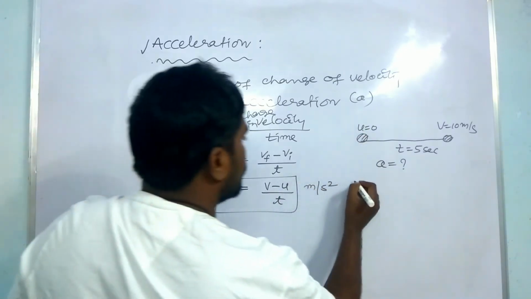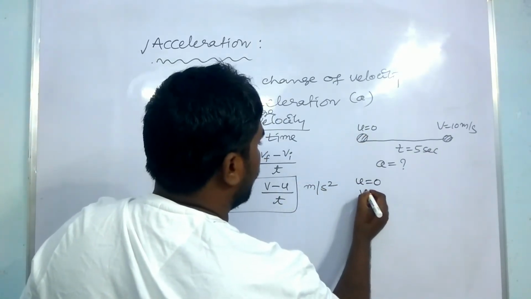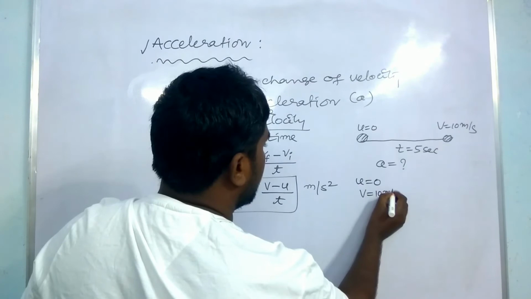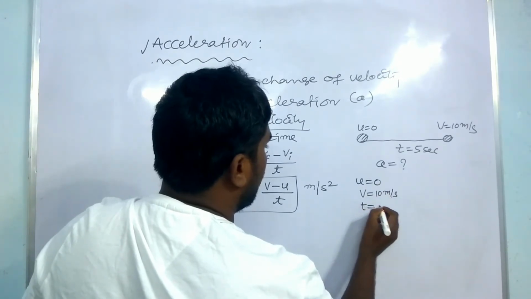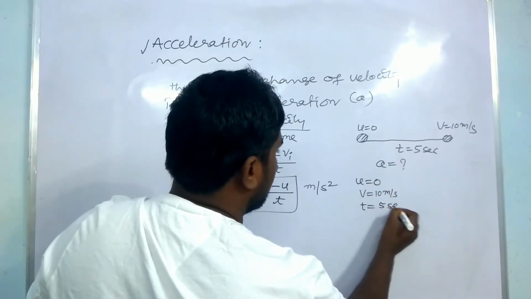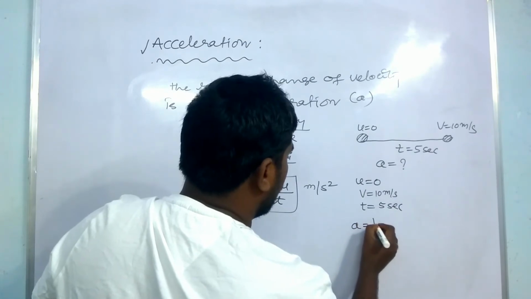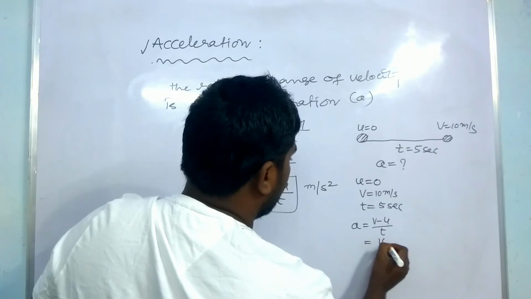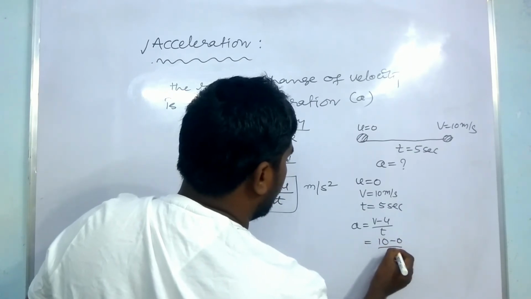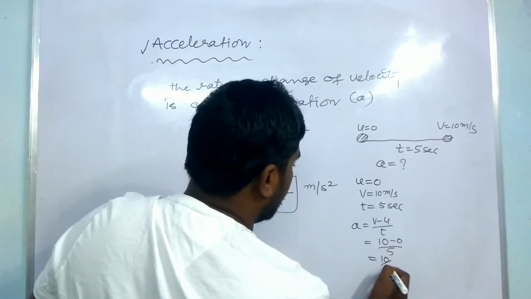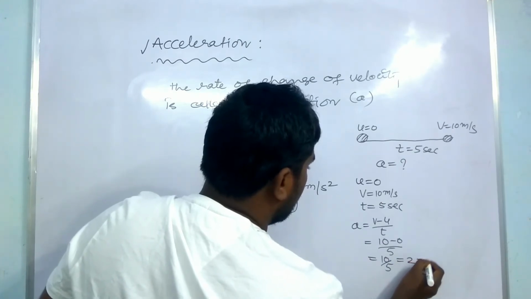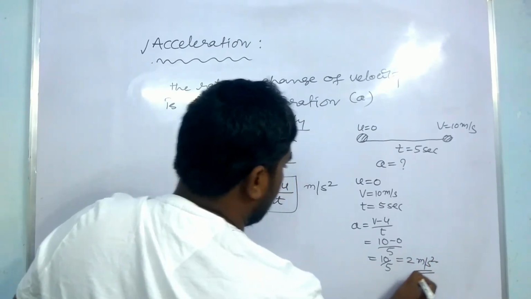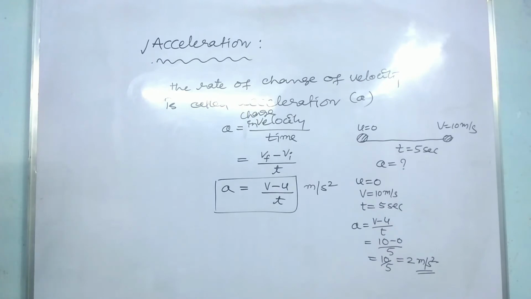Here the initial velocity u is equal to 0, the final velocity v is equal to 10 meter per second, and the time taken is 5 seconds. Then acceleration is equal to v minus u by t, which is 10 minus 0 by 5, equal to 10 by 5. The unit is meter per second square. So the acceleration of the body in that case is 2 meter per second square.